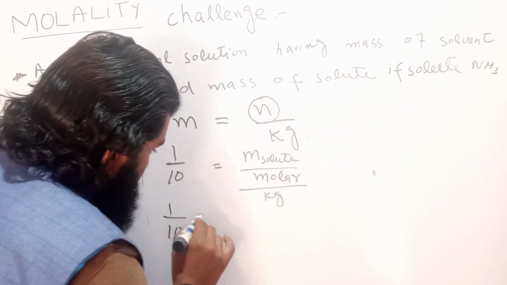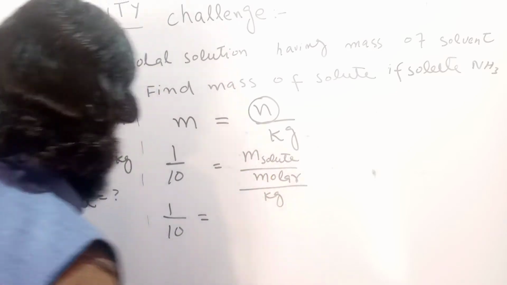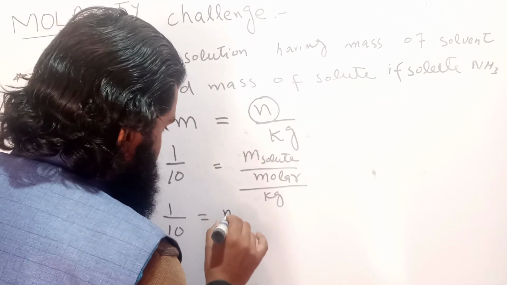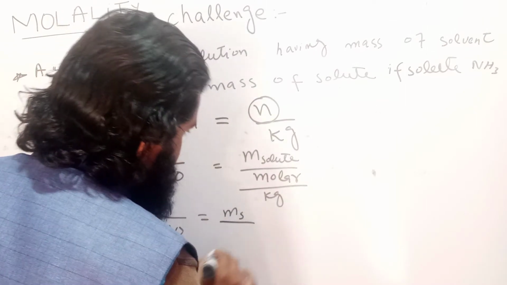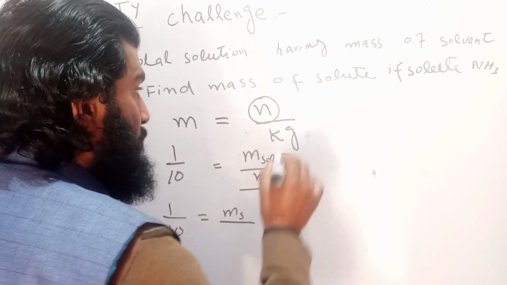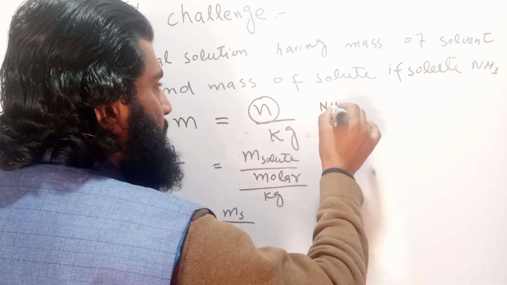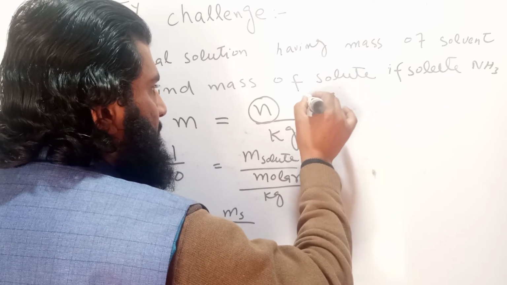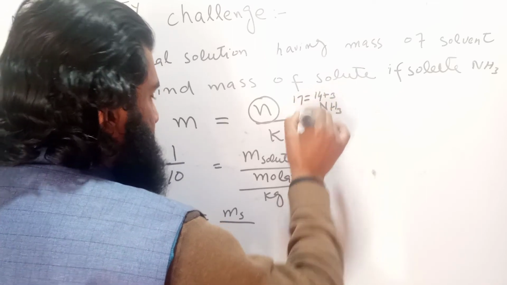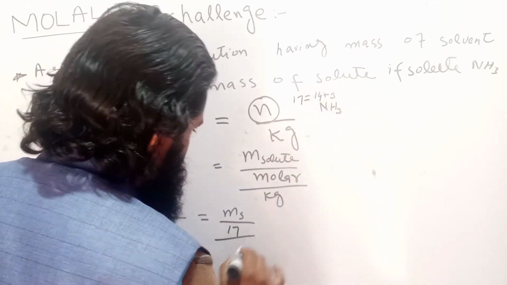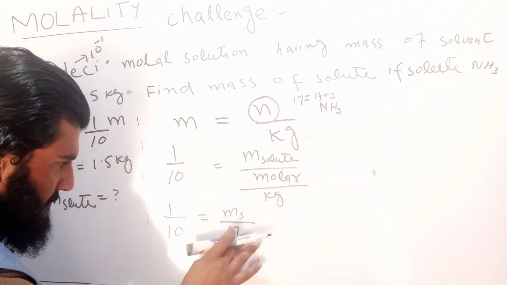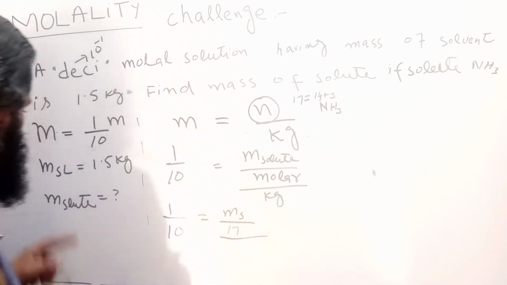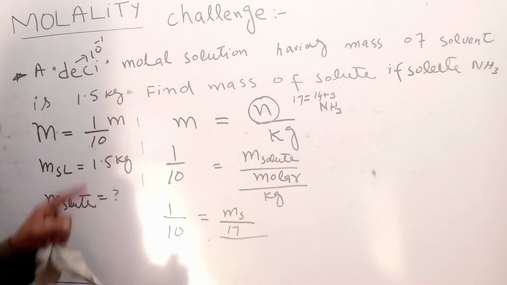So 1/10 is equal to mass of solute, which we will now find, divided by the molar mass of NH3, 3 plus 14 is equal to 17, divided by kilogram of solvent, 1.5 kilogram.